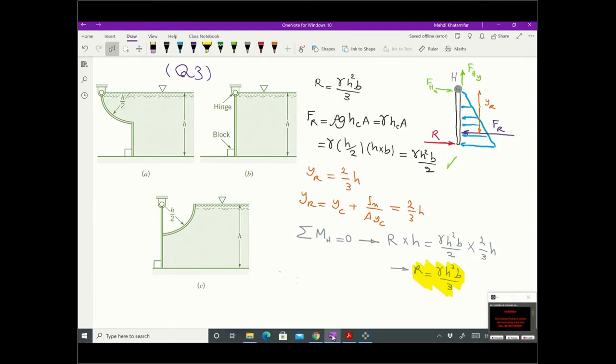You just mirror. And you find it will give you the centroid of the quarter circle, it's going to be 4 divided by 3 pi times radius.